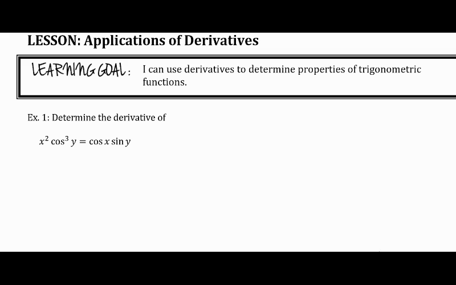So the derivative of the first thing is pretty straightforward. 2x times the second thing, cos cubed y, plus the first thing times the derivative of the second thing.